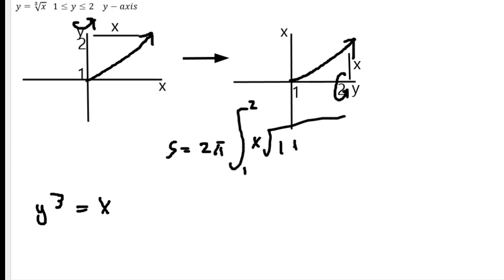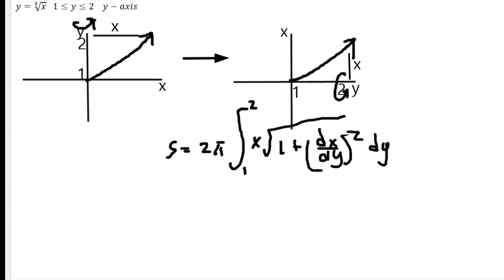So we just solve for x so that this is going to be easy. So this is supposed to be dx dy, not dy dx. So dx dy squared, we have dy here. Okay, so we know the value of x here. That's going to be y cubed because we solved for it.